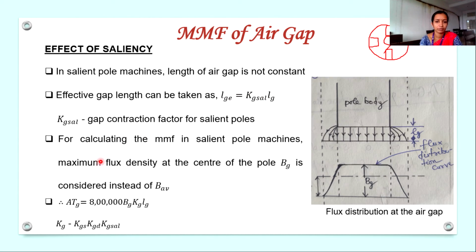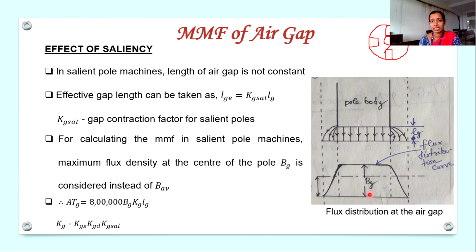Now, for calculating the MMF in salient pole machines, instead of taking the average flux density in the air gap, the maximum flux density at the center of pole, that is Bg, is considered.